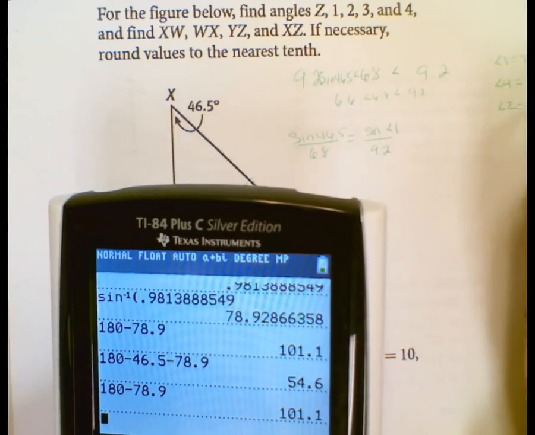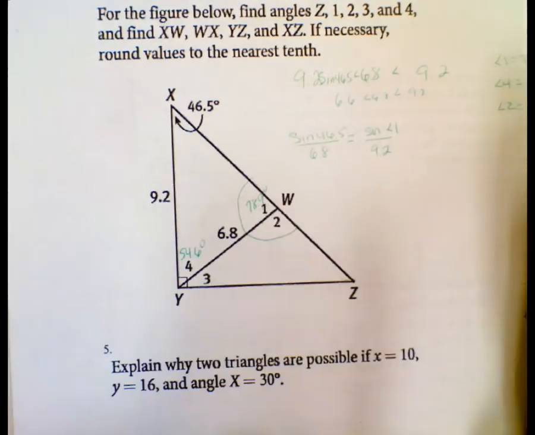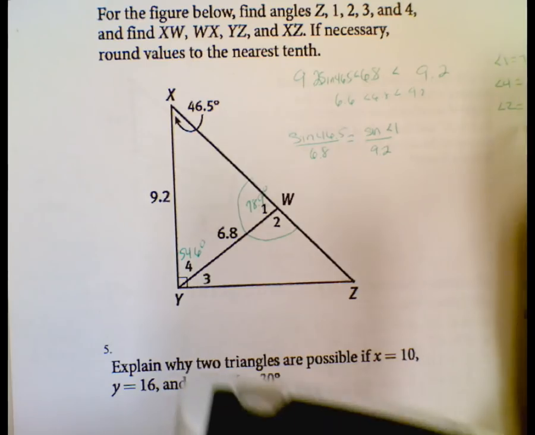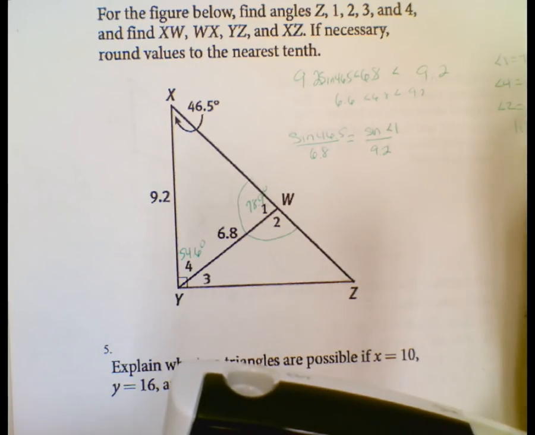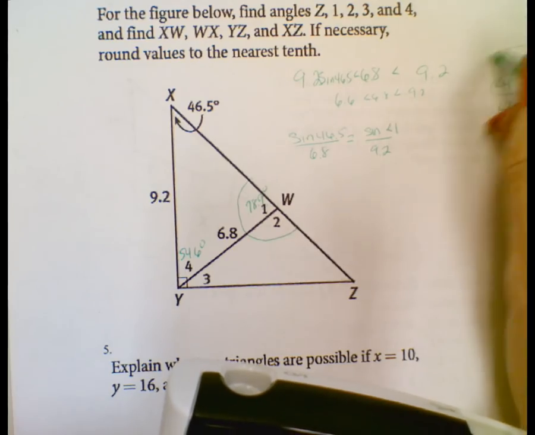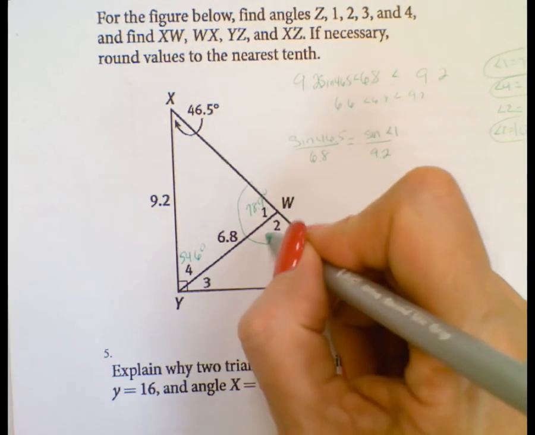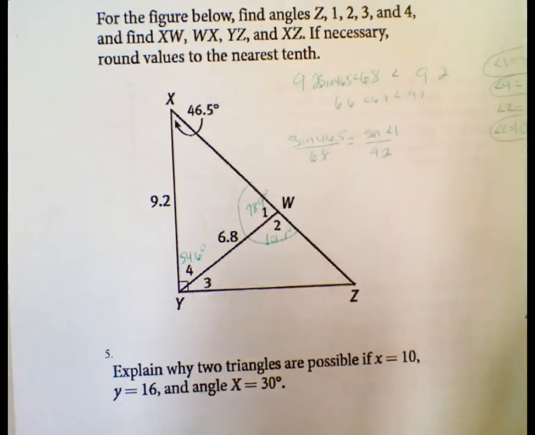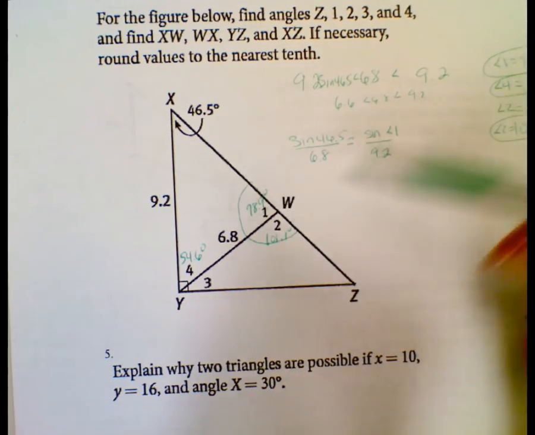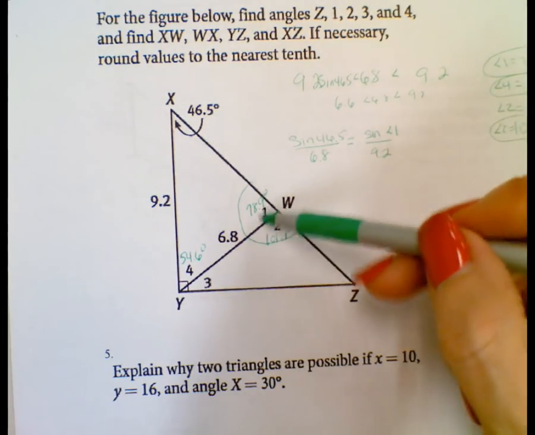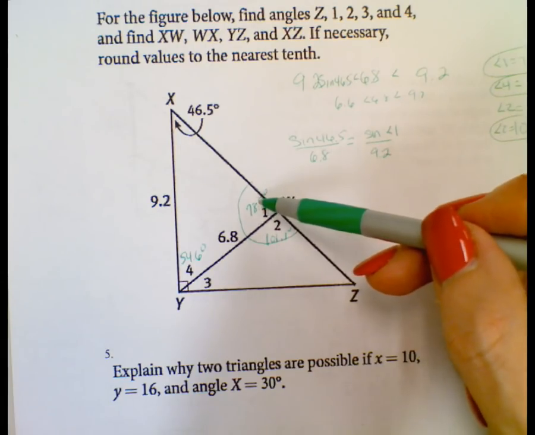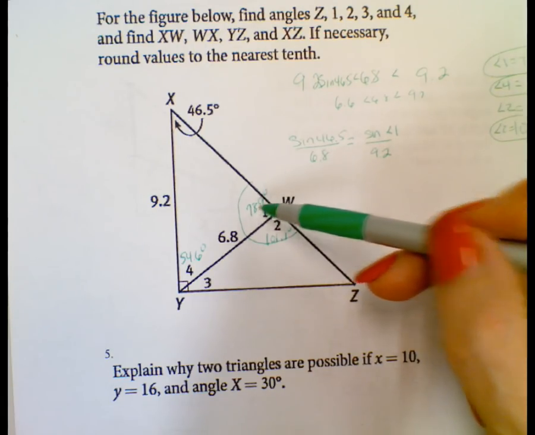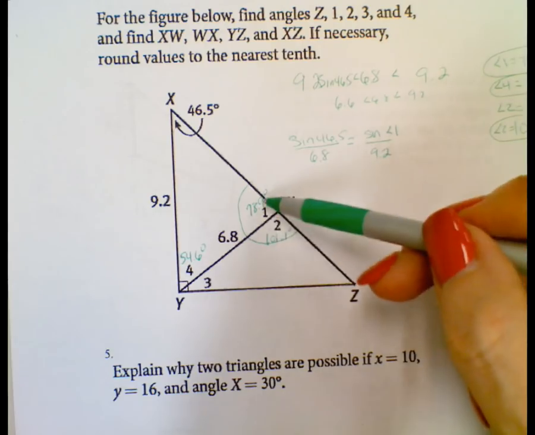I should show the work for this. 180 minus 78.9 is 101.1. That's what angle 2 is. So we're going to put that in, 101.1. And that was the angle of the other one that we found. And this one does look more obtuse than this one. So you have to decide, is this one 78.9 or is it 101? This is the 78.9 and this is the 101. This is more obtuse than this one.